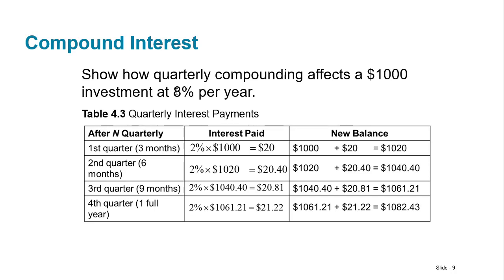So if you're doing quarterly compounding, that 8% per year gets cut into 4 pieces and you actually get 2% each time. Now you might think that it's going to equal out to the same thing, but it doesn't, because remember, you're doing 2% and then you're doing 2% on top of that 2% you already got, and then 2% on top of those other 2%, right? So you do end up earning more the more frequently you compound interest.